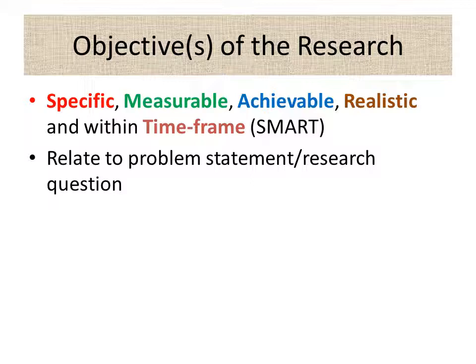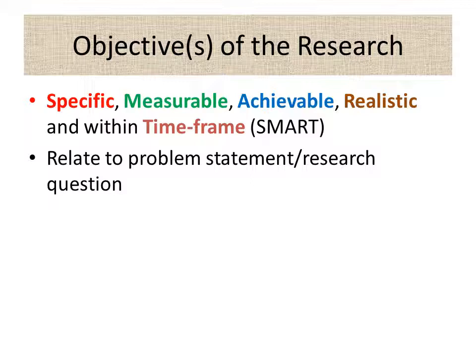In this class, I suggest a maximum of only 2 objectives, because you only have 6 months to run the research. So think about this. You need to plan, you need to execute, and then you need to analyze.